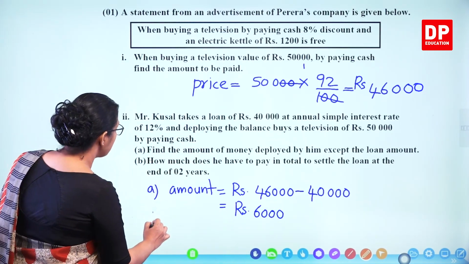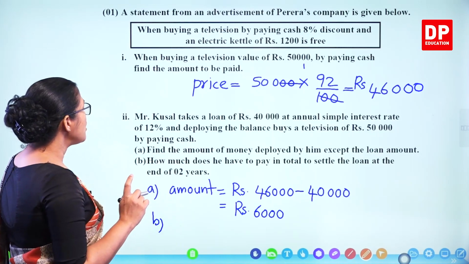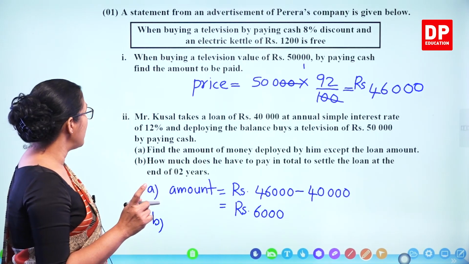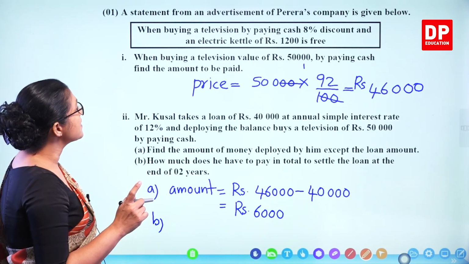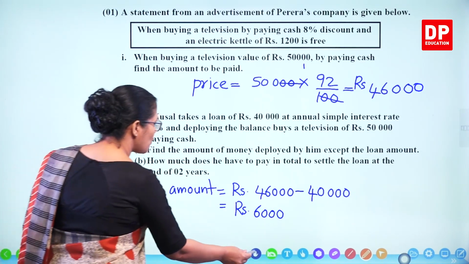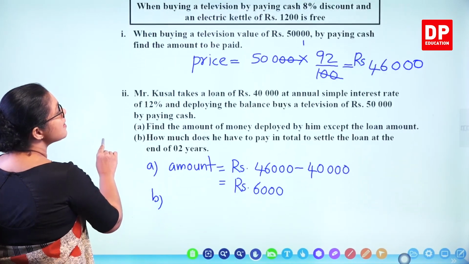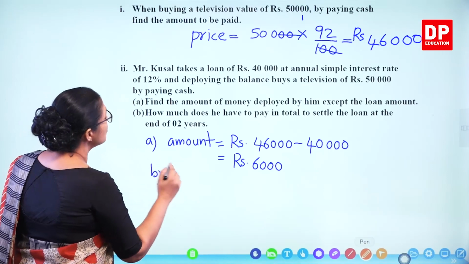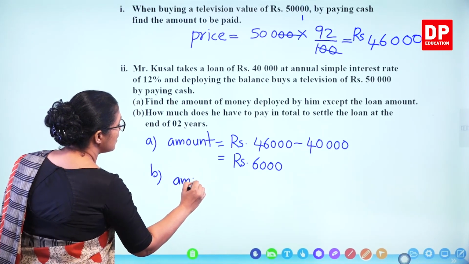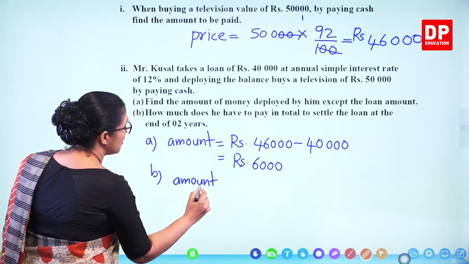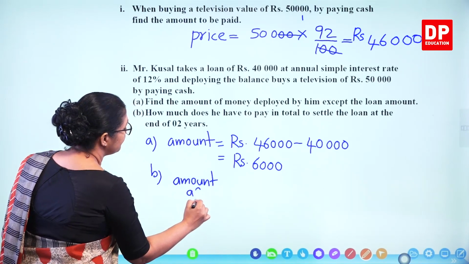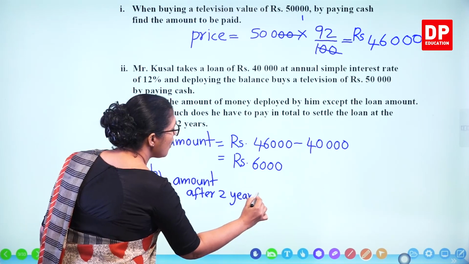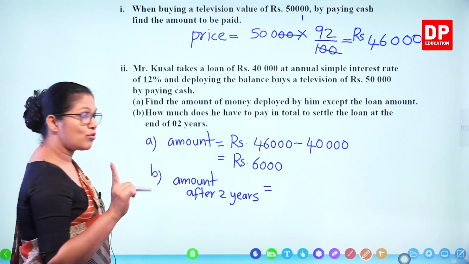And then part B, how much does he have to pay in total to settle the loan at the end of 2 years? So we'll see what's the amount he needs to pay. After 2 years, you have to add the interest for 2 years.